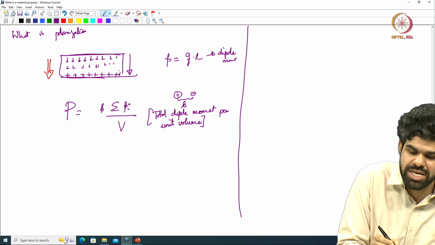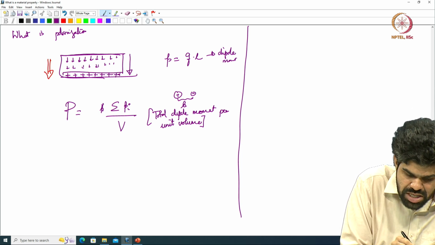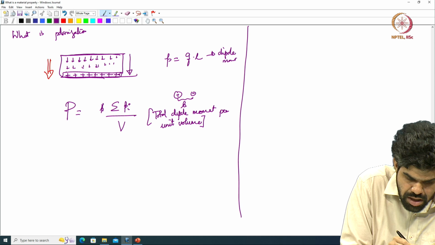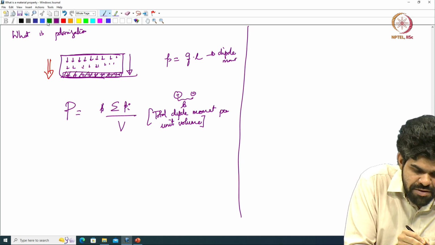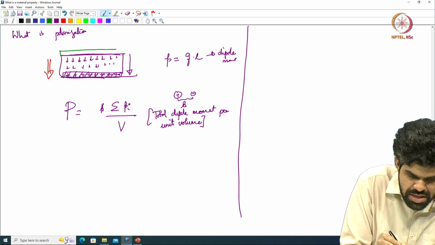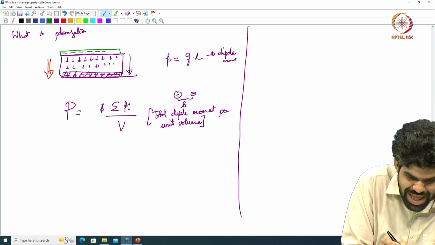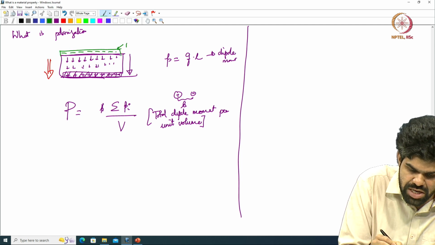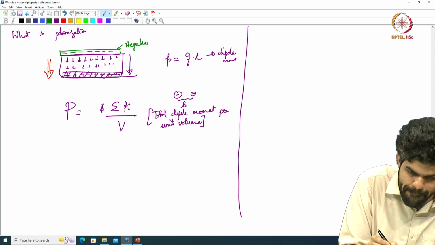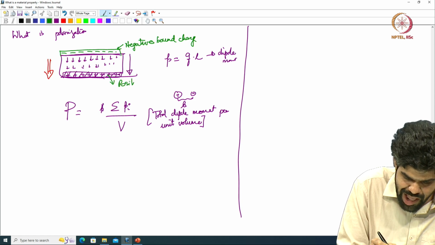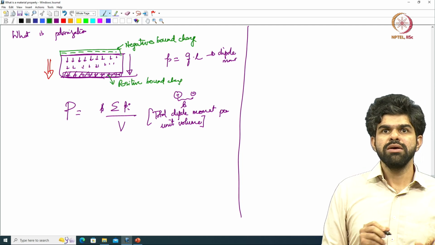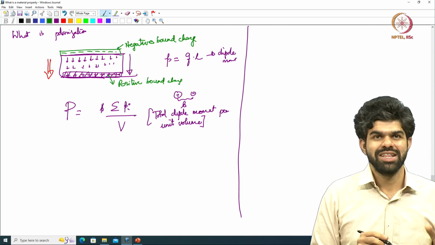If I have a polarization this way, I have a positive charge on this surface, which is called positive bound charge, and a negative charge on this surface, which is called negative bound charge. So, this is what happens inside the material.